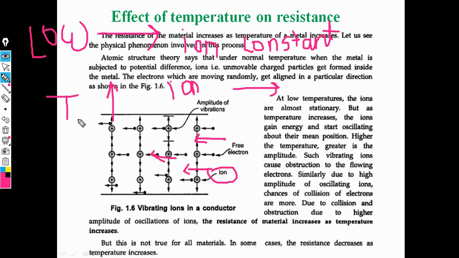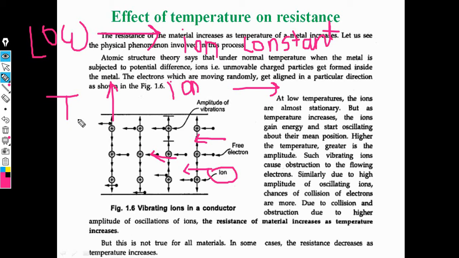When temperature increases, at that instant the amplitude also increases. That is a very important point. When the amplitude increases, the resistance of the material also increases. That means initially, when temperature is low, the ions are at a stationary position.